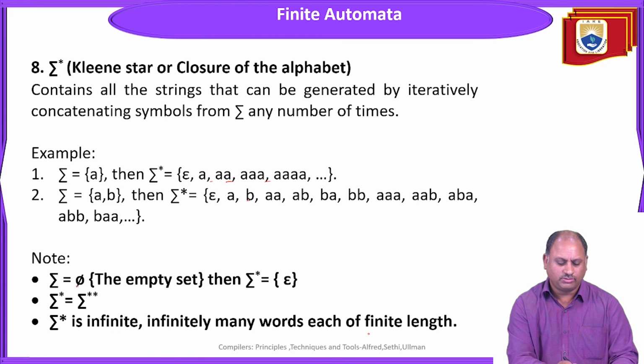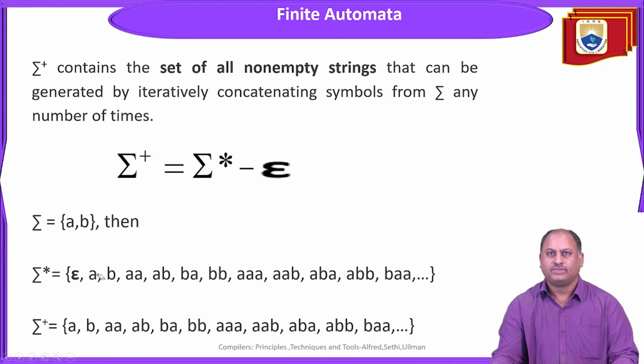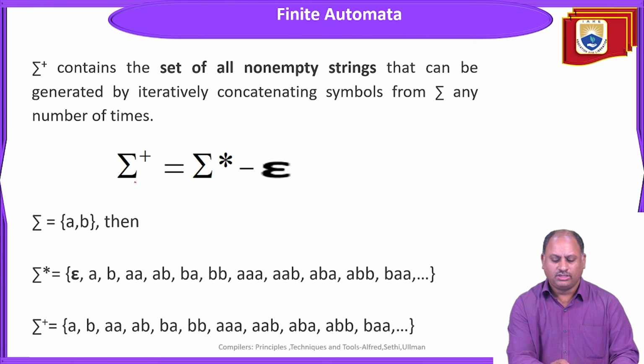We already discussed that sigma plus does not contain the empty string. Sigma plus is nothing but all the strings except epsilon, whereas sigma star includes epsilon also. That means the empty string is not included in plus.